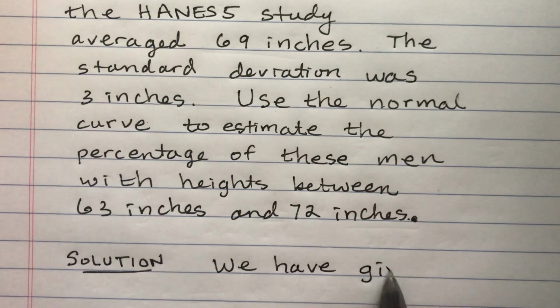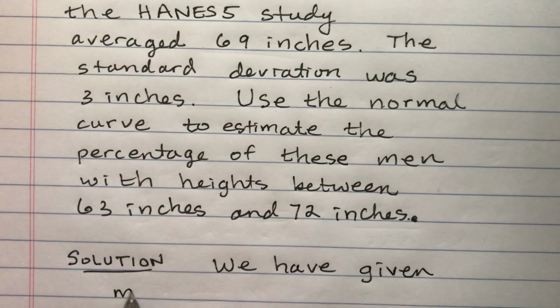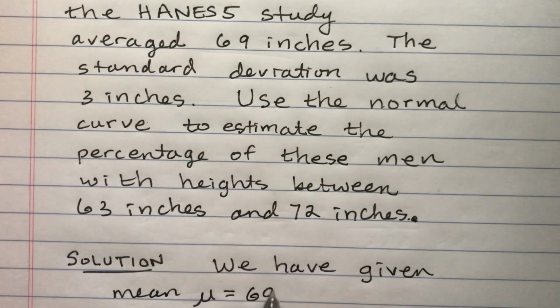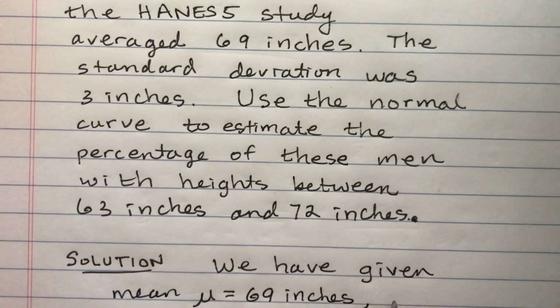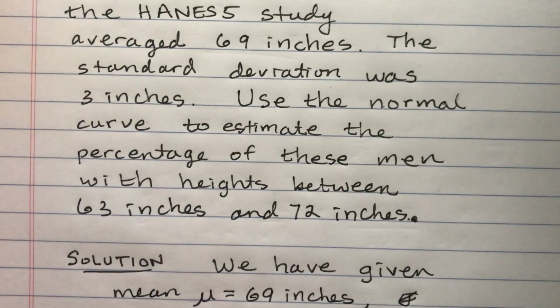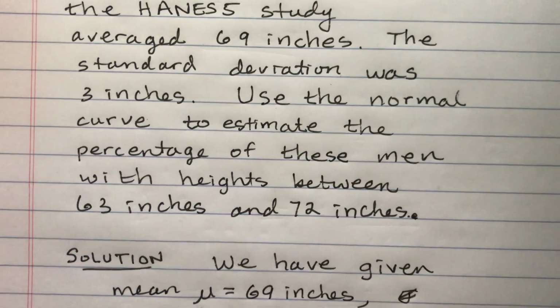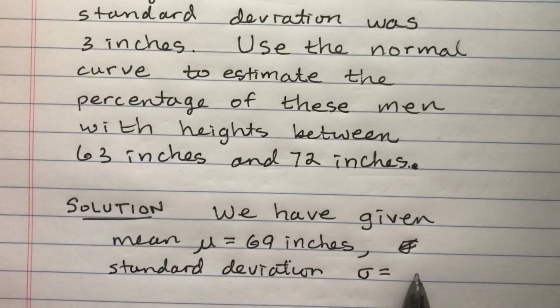We have given that the mean is mu equals 69 inches, and that sigma, the standard deviation, is sigma equals 3 inches.